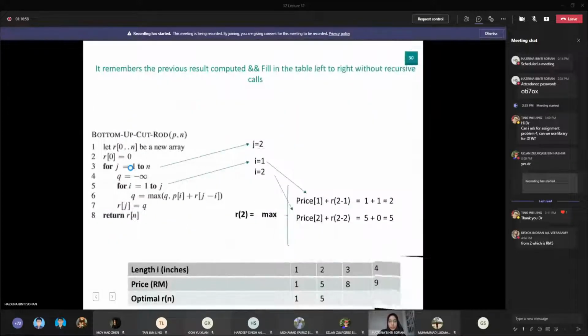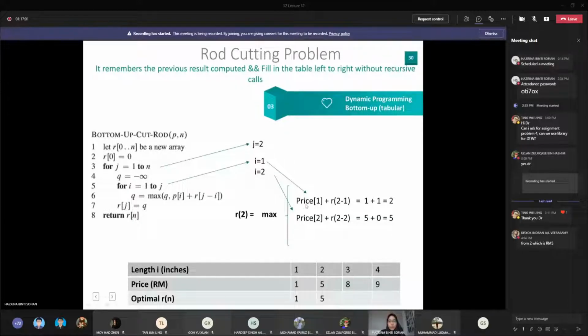So when j equals 2, we have two values. Let us try to do this together. Our j is 2 and our first i can be 1. When i equals 1, it will be price of 1 plus r of j minus i, so 2 minus 1, which is 1, equals 1 plus 1 equals 2.